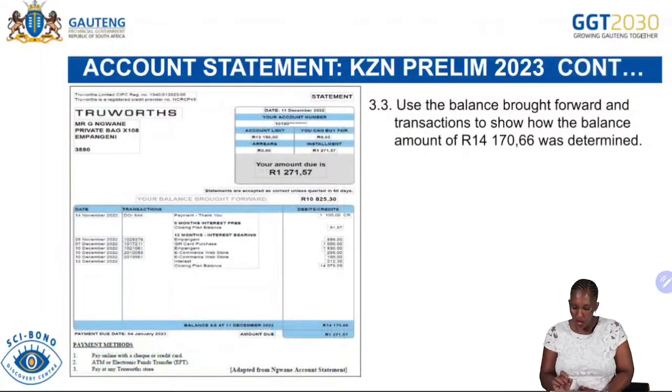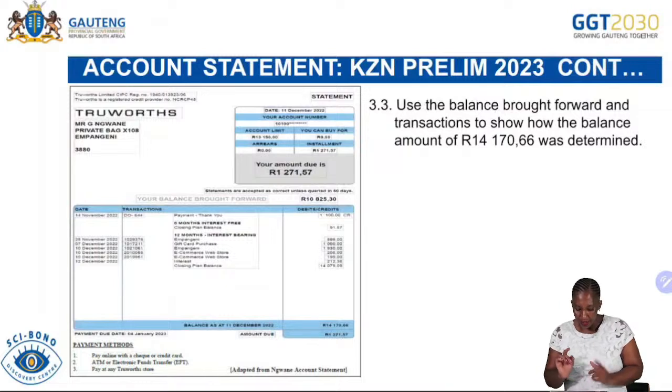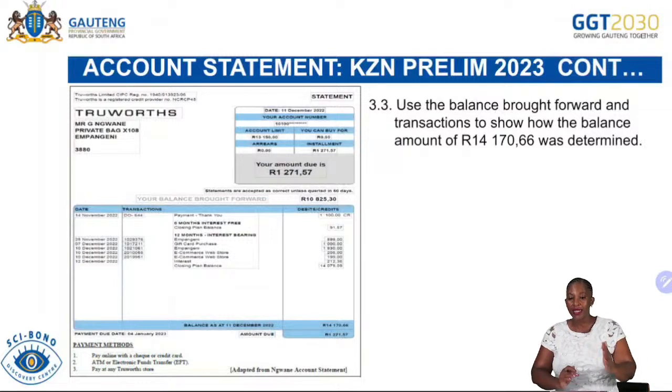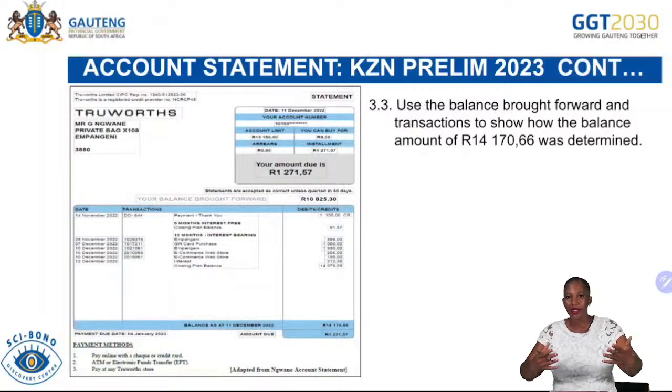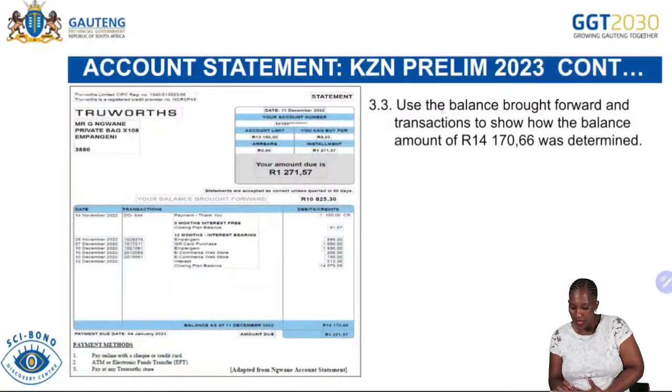Now the next one, use the balance brought forward. Remember we spoke about the closing balance. Now in a statement it is the balance brought forward, which is the opening balance. Now it says use the balance brought forward and the transactions to show how the balance amount of 14,170.66 was determined. Now what is the balance brought forward now?